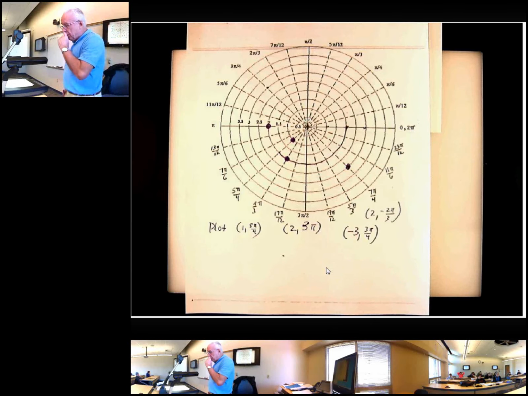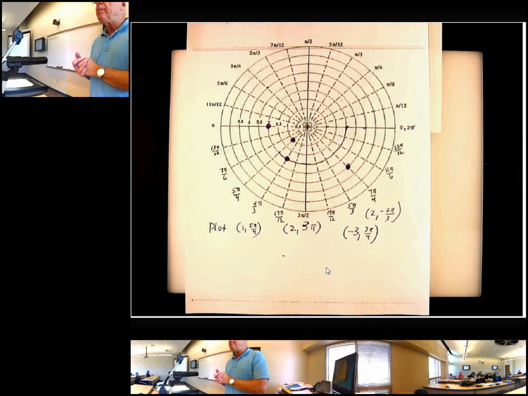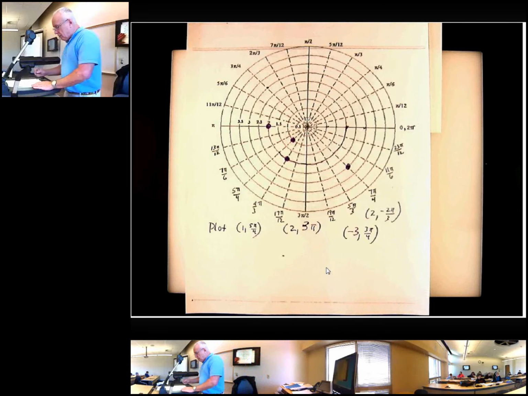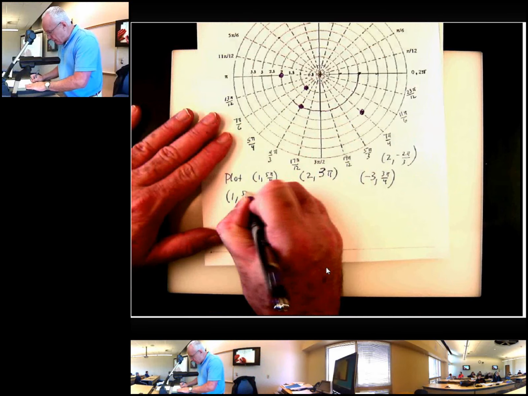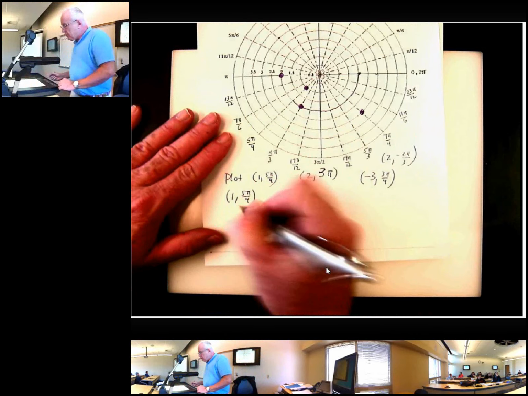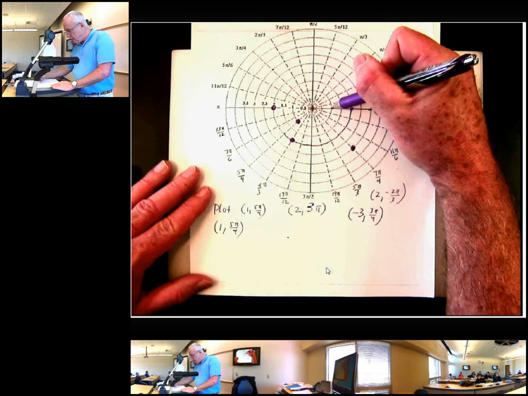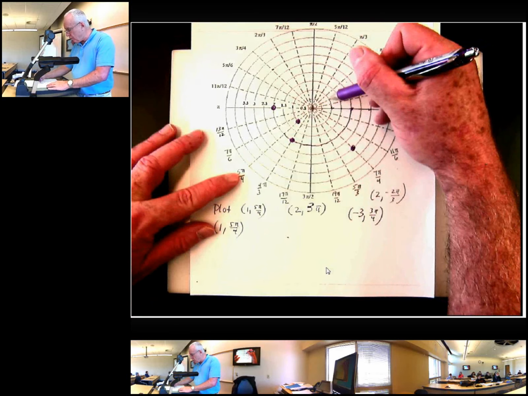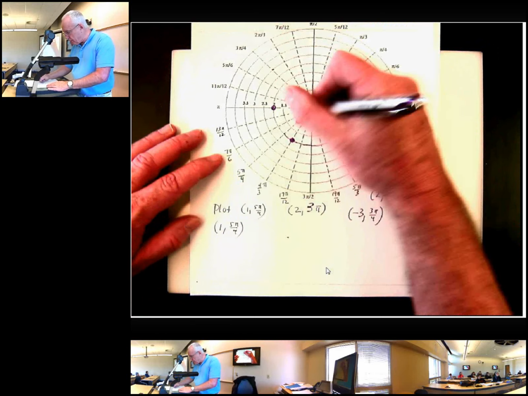One other point I want to make is that any single point on this polar graph can be represented in an infinite number of ways. Let's look at 1, 5 pi over 4. Let's try to find that. This is 1, and 5/4 pi is down here. Oh, well, we already did that one, didn't we? So here it is.